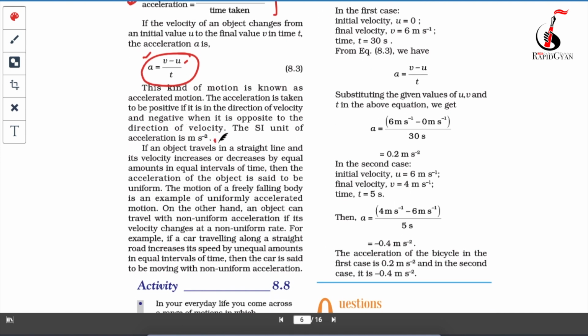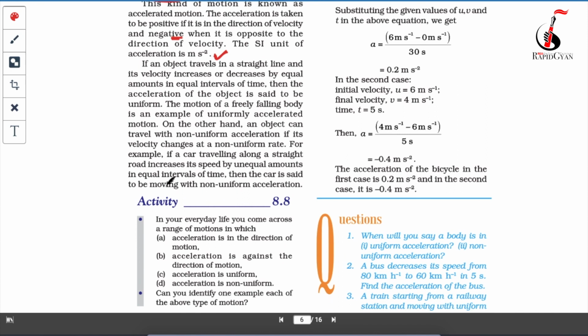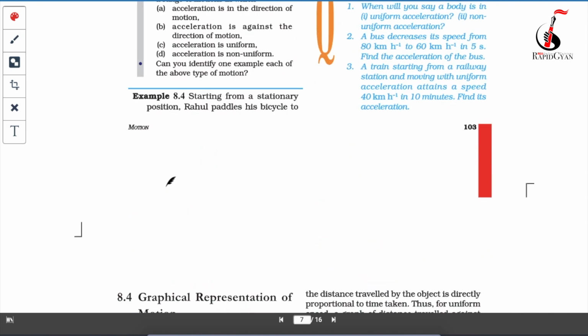And the acceleration is meter per second square, that is your SI unit. See here, acceleration is taken to be positive if it is in the direction of velocity, and negative when it's opposite to the direction of velocity, that is, if your speed is decreasing. Okay, beta. Now check this question.